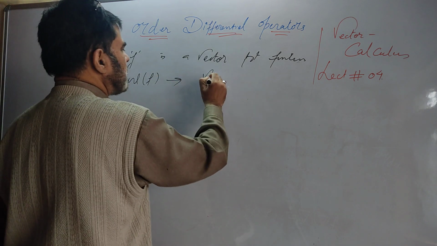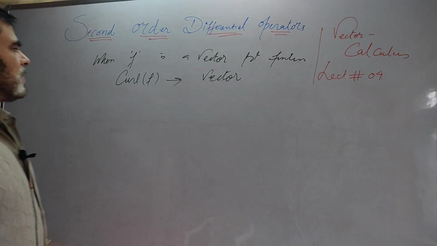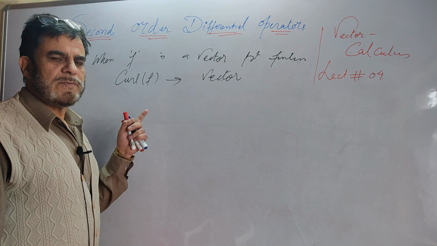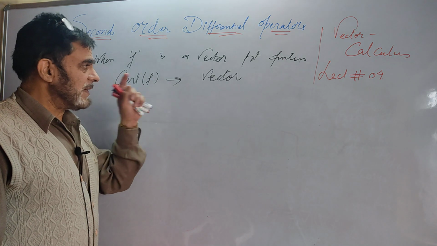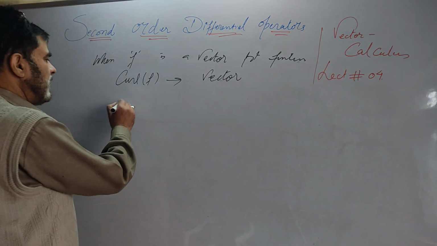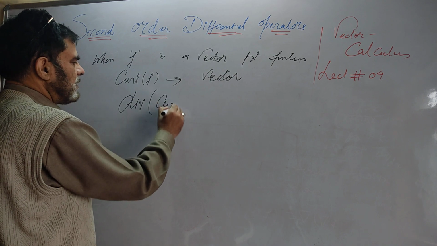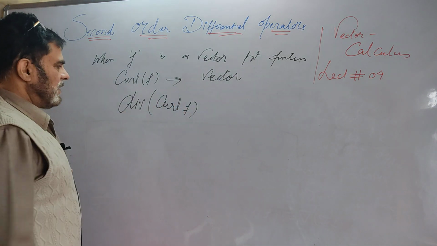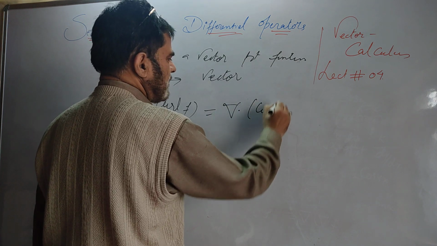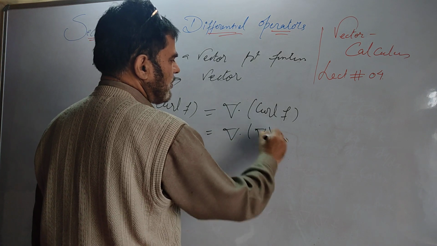You know it is a vector. Curl of f is a vector. In case of a vector point function, you find out the divergence of the curl, not the gradient. So you find the divergence of curl of f. What is this? It is del dot curl of f. It is del dot del cross f.